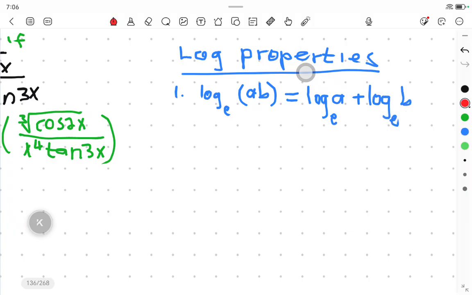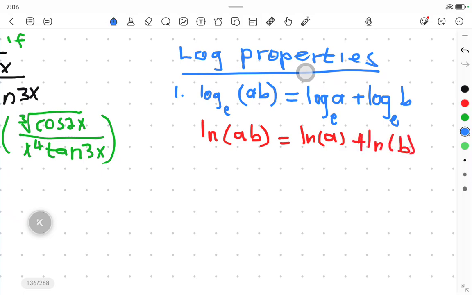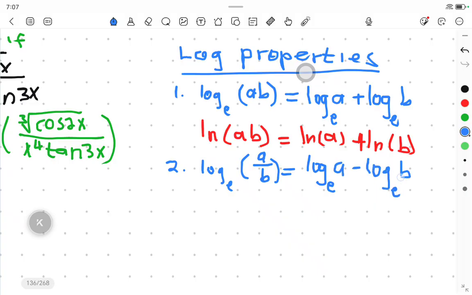It's the same as saying ln of ab equals ln of a plus ln of b. The second one we mostly look at is log of a over b, which equals log a minus log b. This is the same as ln of a over b, which equals ln of a minus ln of b.